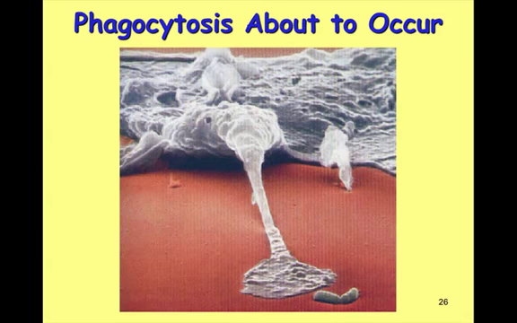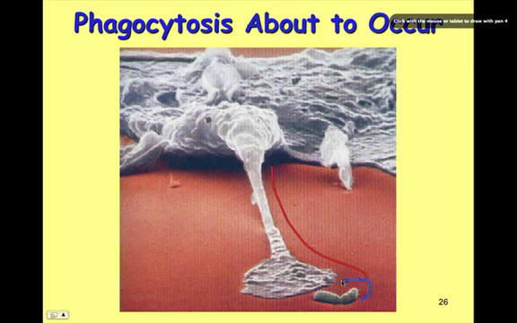And here would be an example of a microscopic picture of a portion of the cell, and you can see that portion of the cell is extending itself, and this right here is the bacteria. And the cell is going to come out, this portion right here, and it's going to engulf the bacteria and then bring it back into the cell.